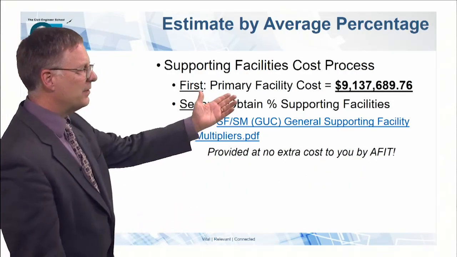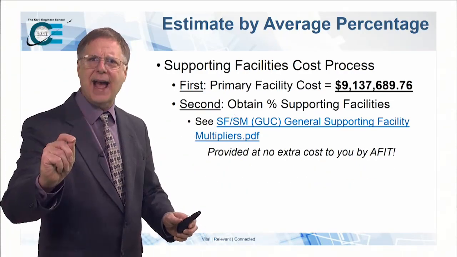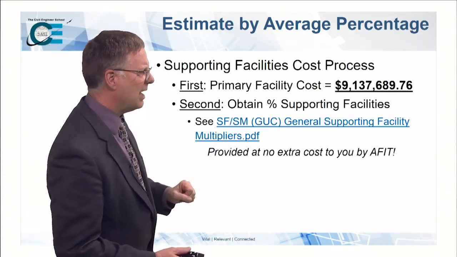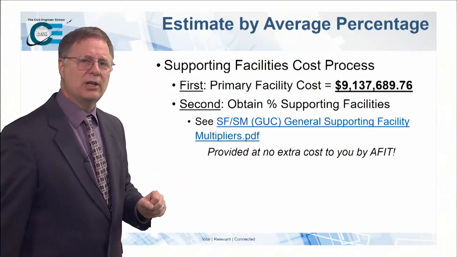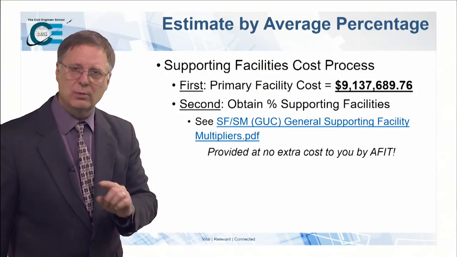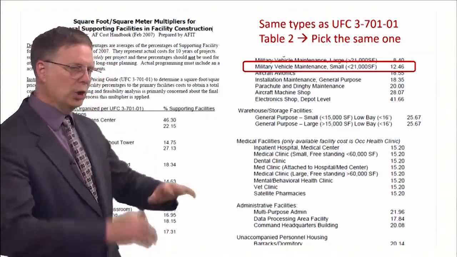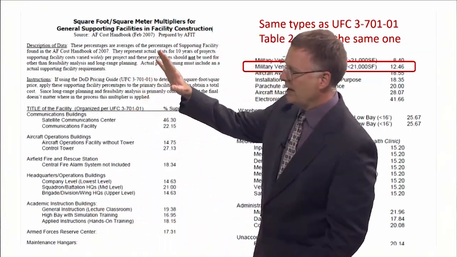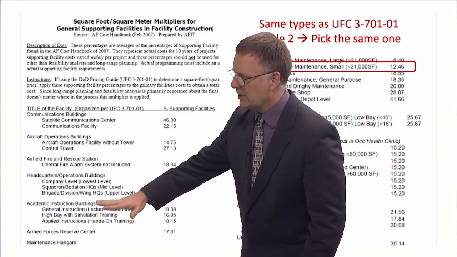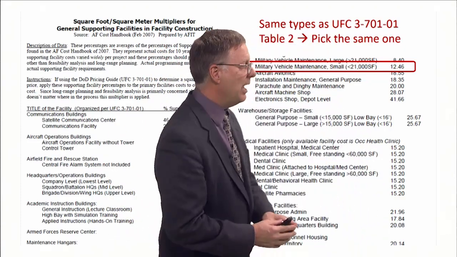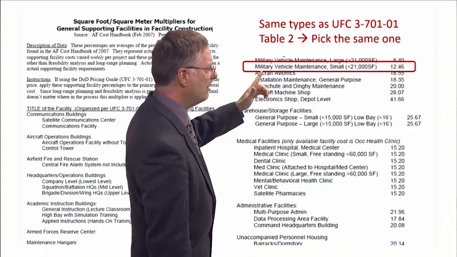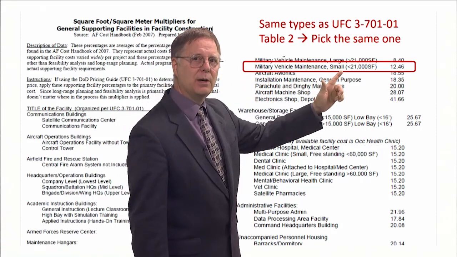So we've got our primary facility. As I said, check, got that. Now we're going to go into this document and find out what the percentage of supporting facilities is for vehicle maintenance facilities. We go in there, and it looks a little bit like this. This is 2 pages of it, with all these different facilities we found in that table 2 before. And we come over here, and oh, here's our small vehicle maintenance facility.